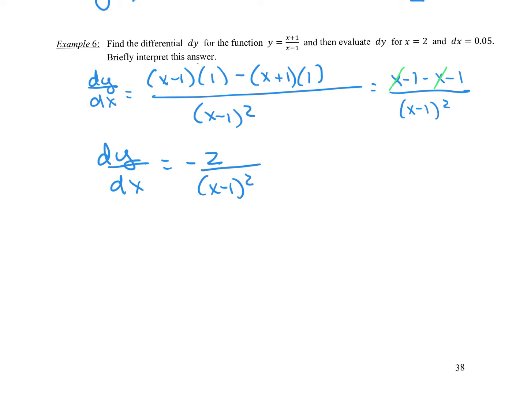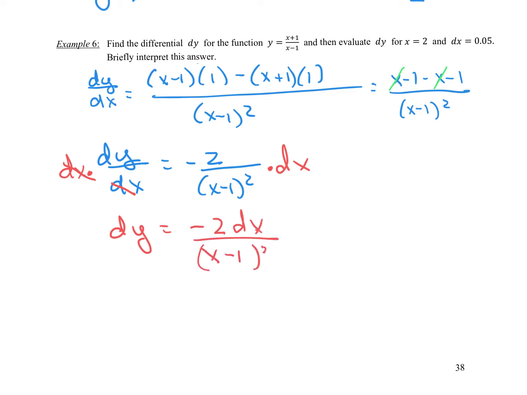This is the new part. Let's do this in red. I'm going to multiply both sides by dx. All right, so now I have my differential. And let's keep doing this.